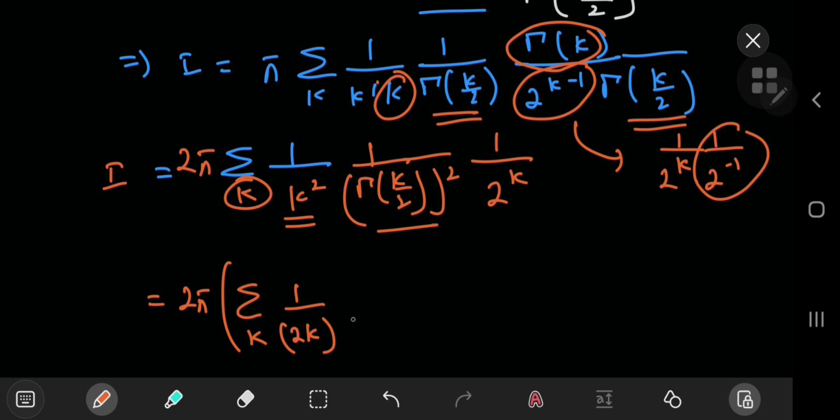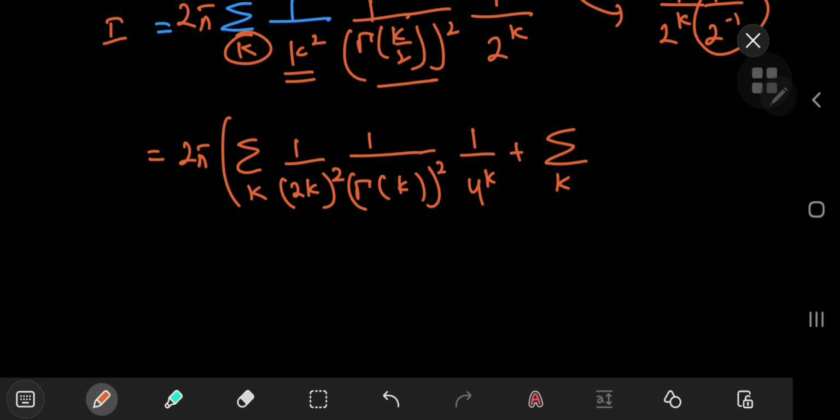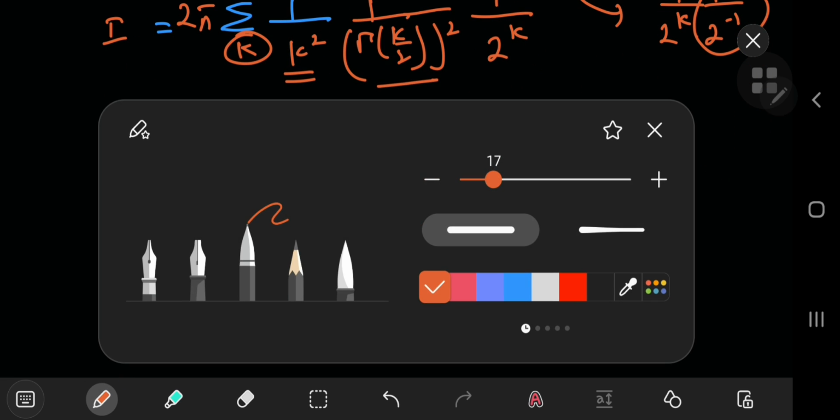So 1 by 2k squared times 1 by gamma 2k by 2 is just k squared, and 1 by 2 to the 2k, which is in fact 4k, so let's just write it as that. Now before I write the sum for the odd integers, I want to first notice some things about the even sum.